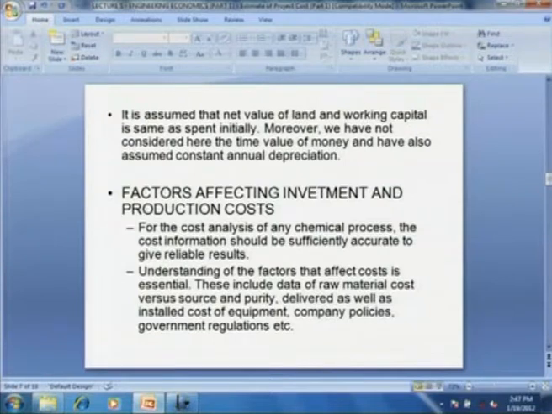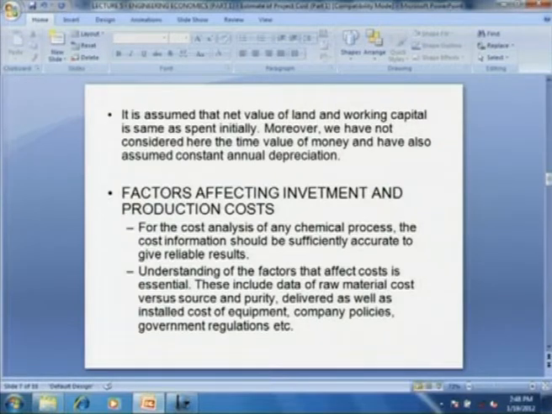For example, some companies have a reciprocal arrangement with other companies whereby certain raw materials or types of equipment may be purchased at prices lower than the prevailing market prices. Therefore, if the chemical engineer bases the economic analysis of the plant on the basis of raw material in the open market, he is likely to get a wrong estimate of profitability. So such things we need to account for.